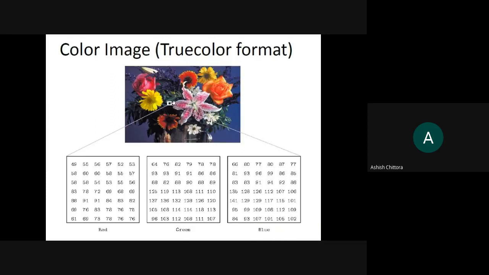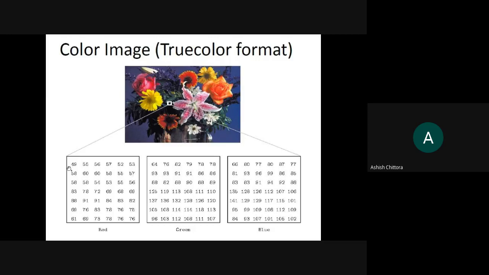If we consider this sub image, a 7 cross 7 section of the image, each pixel is represented by red, green, and blue intensity levels. For the first pixel of this sub image, the intensity of red is 49, green 64, and blue 66.